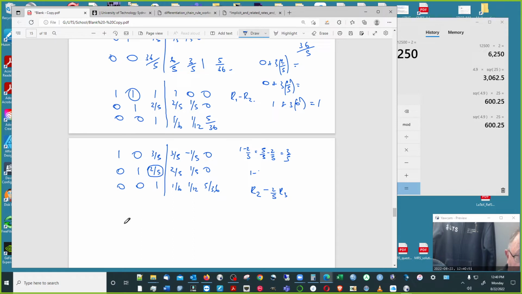So that'll work brilliantly. So 0 minus 2/5 of 0 is 0. 1 minus 2/5 of 0 is 0. 2/5 minus 2/5 is 0. 2/5 minus 2/5 of row 3.